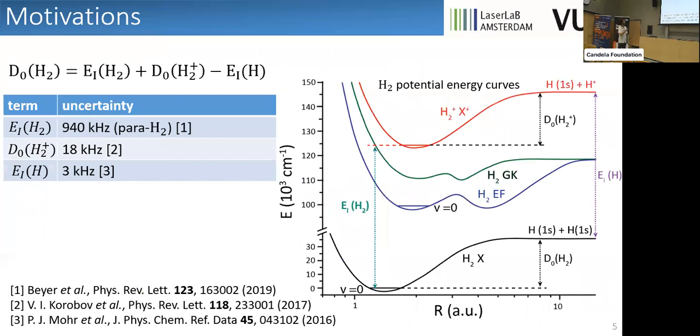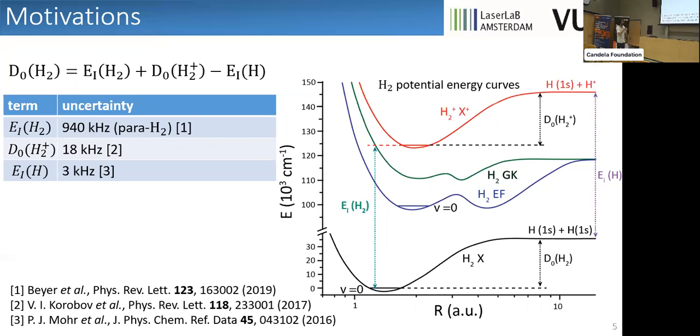Here is the so-called thermodynamic cycle that was introduced earlier this morning. We don't measure the dissociation energy directly, but rather we determine it by combining the ionization energy of molecular hydrogen, here in green, the dissociation energy of the molecular hydrogen ion, here in black, and we subtract off the ionization energy of atomic hydrogen, here in purple.